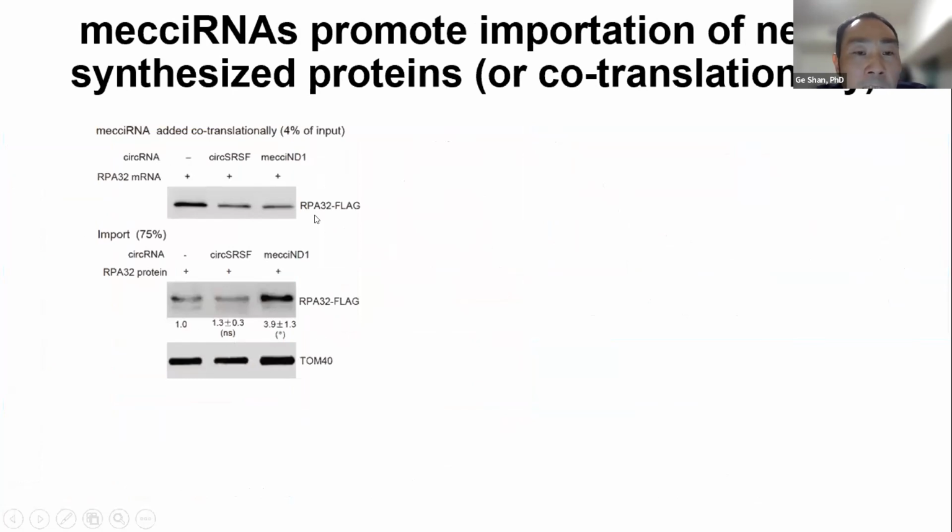This is an in vitro experiment in an in vitro translation system. If we add MecciRNA and mRNA together into this translation system, we can see the MecciRNA increased the import of newly synthesized protein into the mitochondria.